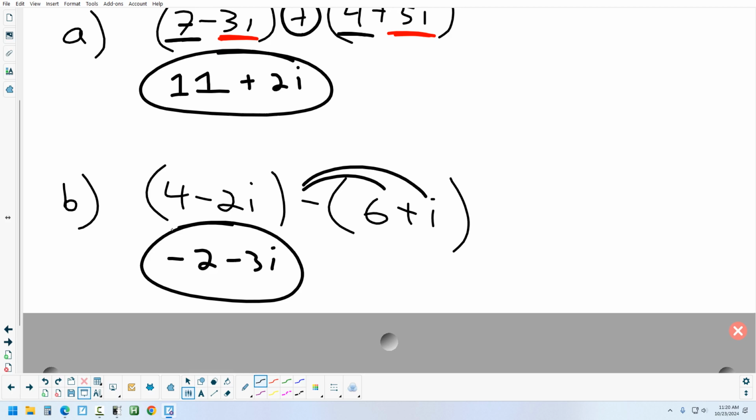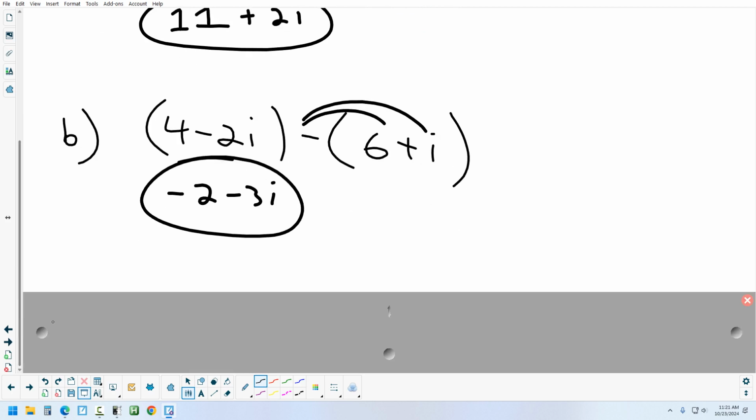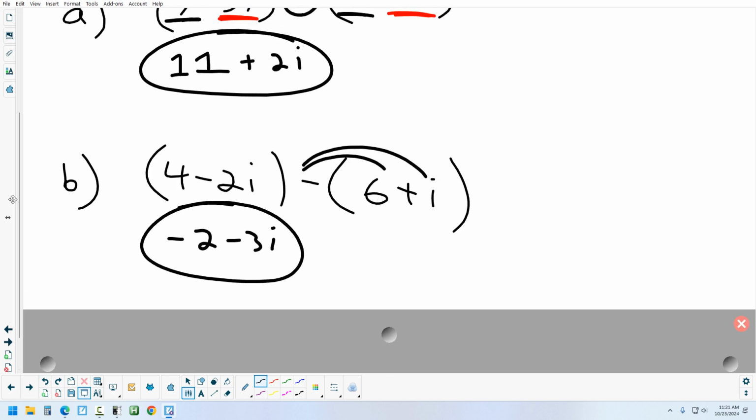Okay, so the real part is 4 minus 6. There's your negative 2. And negative 2i minus 1i. Negative 2 minus 1 is negative 3. Good. Okay. Any questions on subtracting?